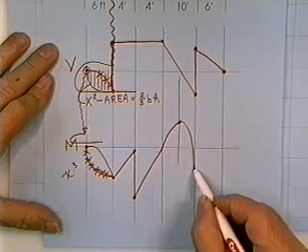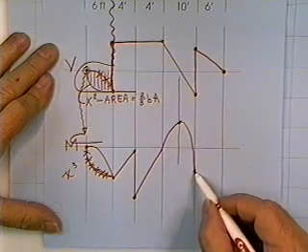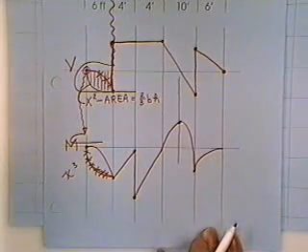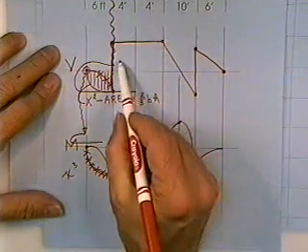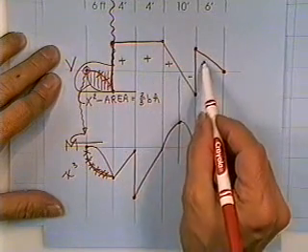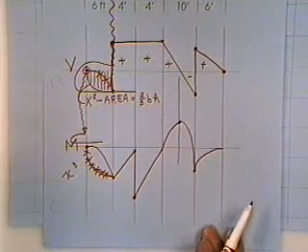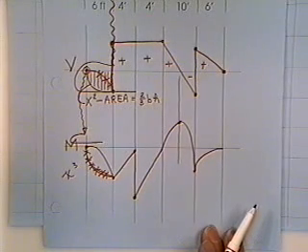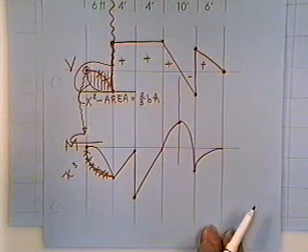Next, it goes down. Next, it goes up. Strictly because these are positive, positive, positive, negative, positive. And the whole thing may be shifted up or down somewhere on the curve, I don't know where, but that's basically the shape.